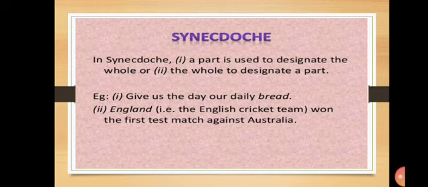We want to say that he has purchased a car. Sometimes in slang or in poetic language, we say he has purchased four wheels, which means a car. So you have to keep in mind that synecdoche is the use of whole for part and part for whole.